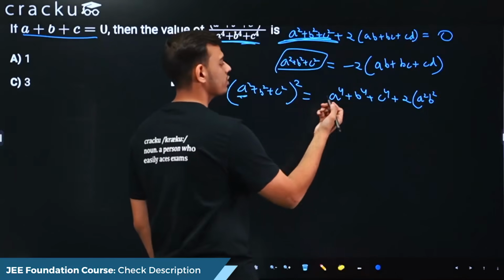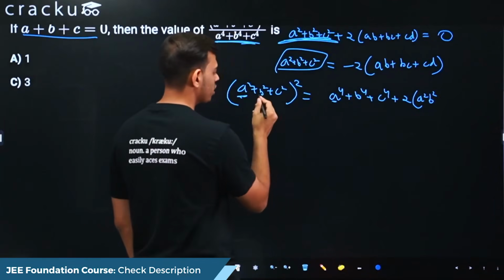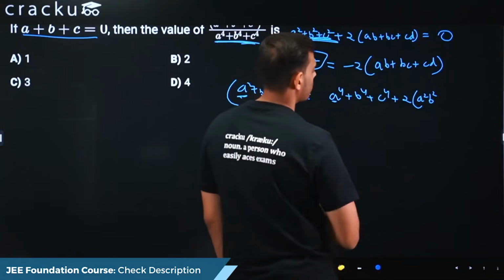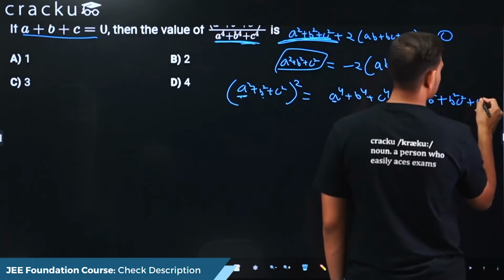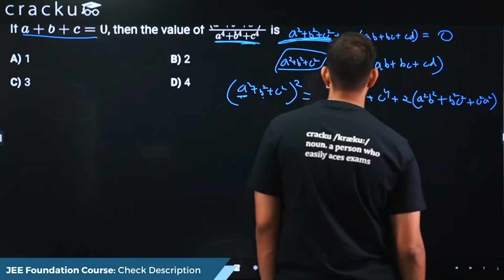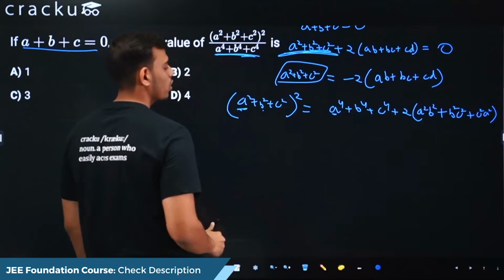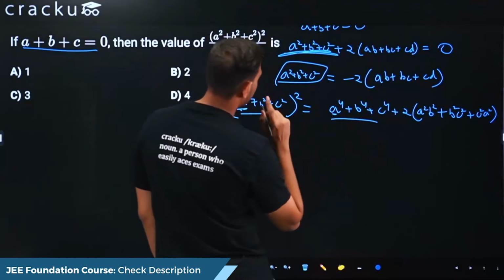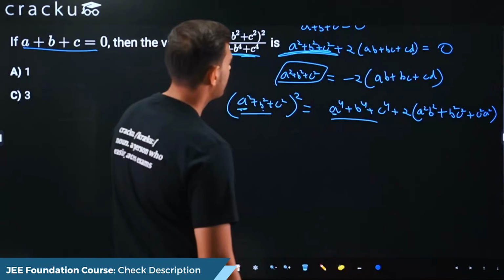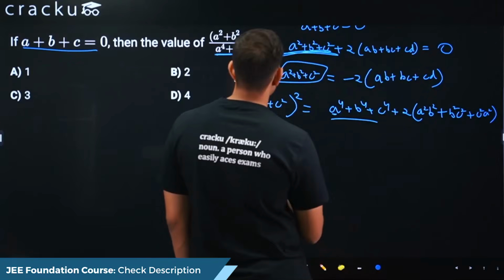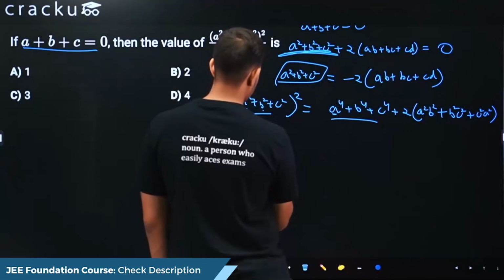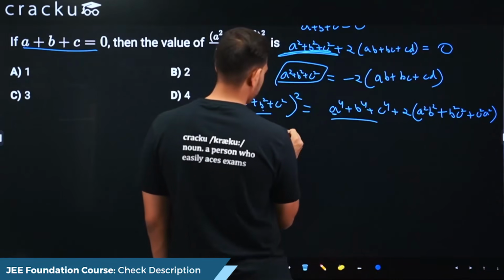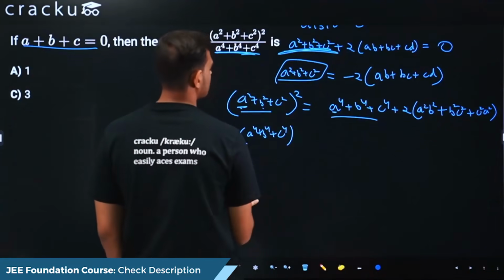So, what is square of a square? A raised to the power 4. Square of b square? B raised to the power 4, and so on, plus twice of (a square b square plus b square c square plus c square a square). Okay. Now, I got both of these values in one equation. What can I do? Okay, I'll just divide the whole equation by a4 plus b4 plus c4. I'll divide both LHS and RHS with this.